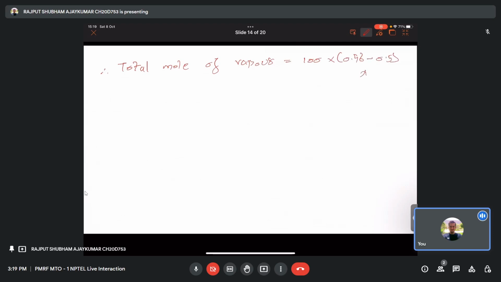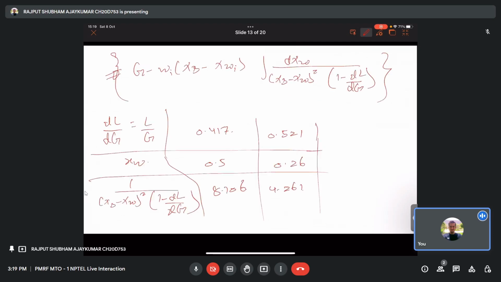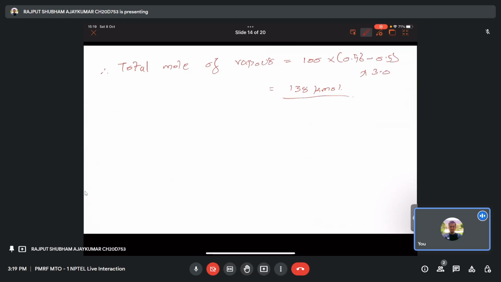Suppose I am solving for the first one, it is 138. I'm taking the first one, where xw is 0.5. The 0.96 is the fraction concentration of component A in the distillate, and 100 is the total mole flow rate, that is 100 kmol per hour.